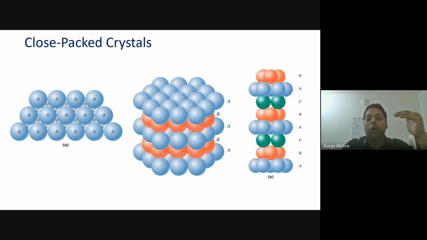If I only put atoms on A and then on B and then repeat again on A, what I get is a hexagonally close packed system.